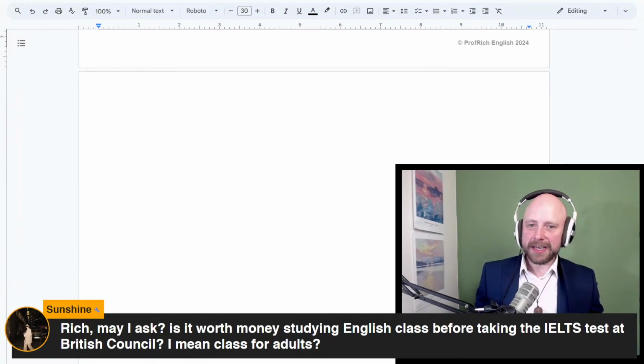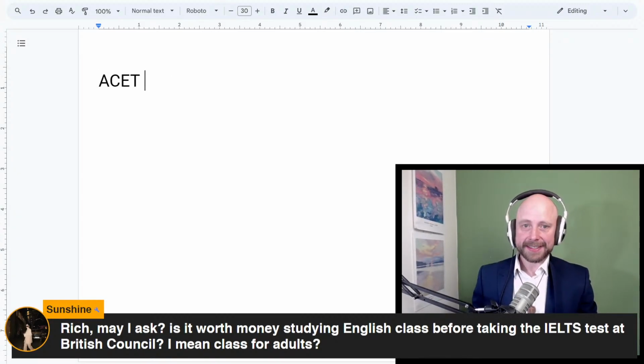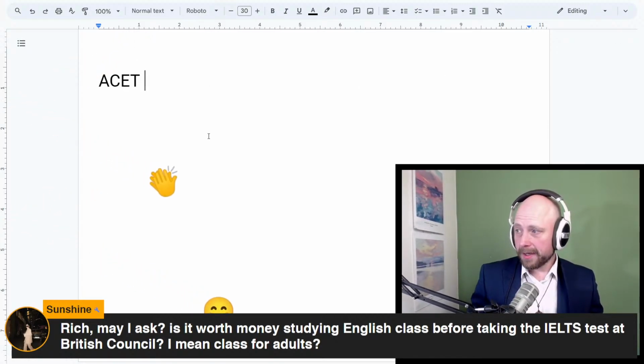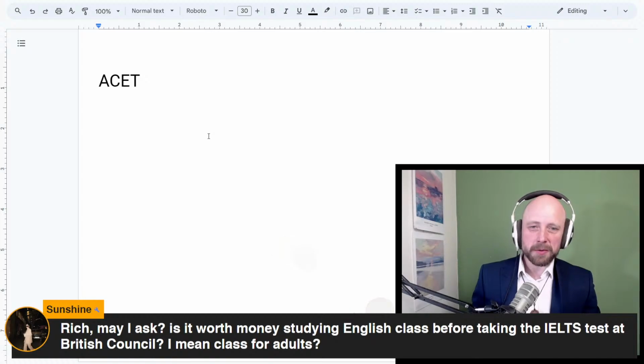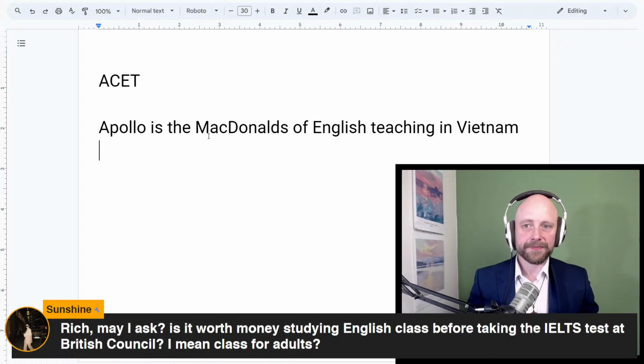They are definitely not as good as the British Council, but you get good teachers there. That's ASET. So you could try them. Probably you want to avoid Apollo. You might get lucky, get a good teacher, but Apollo is the McDonald's of English teaching in Vietnam.